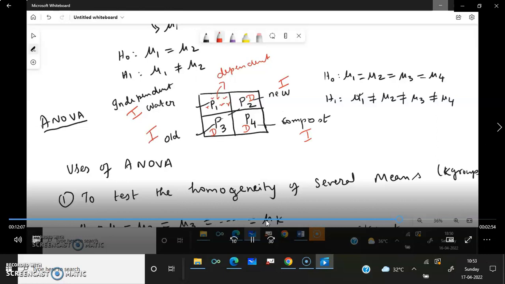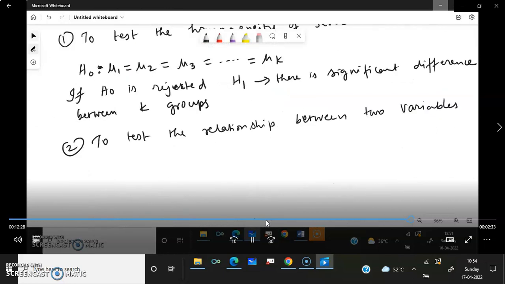To what extent the independent variable is affecting the dependent variable, this relationship is established using ANOVA. This test provides evidence that the dependent variable Yij and the independent variable Xij are related in their movements, right?